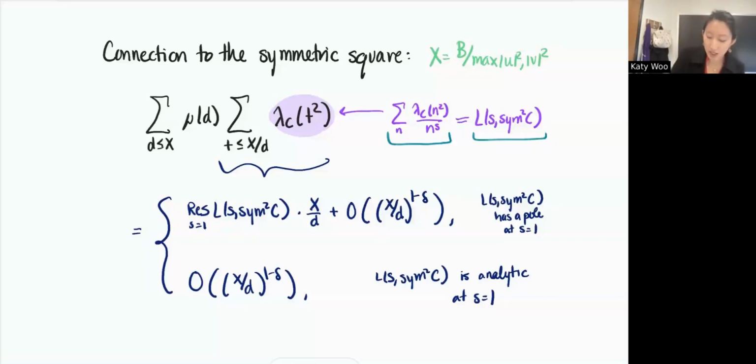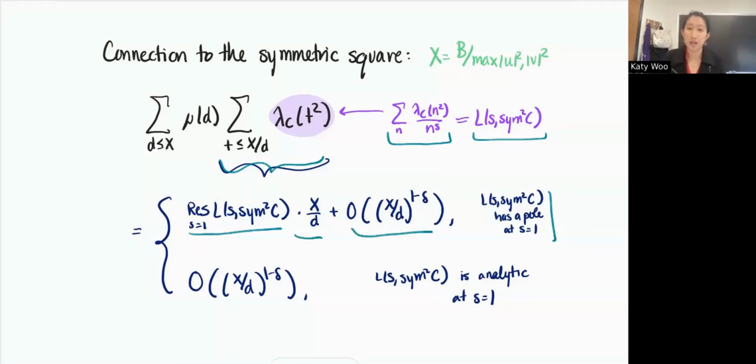And so that means we have very good knowledge of what this inner sum will look like. So if your symmetric square L function has a pole at s equals 1, then you know that it looks like the residue at s equals 1 of the symmetric square L function times x over d plus a power saving error term. On the other hand, if it's analytic at s equals 1, then you just get a power saving upper bound.